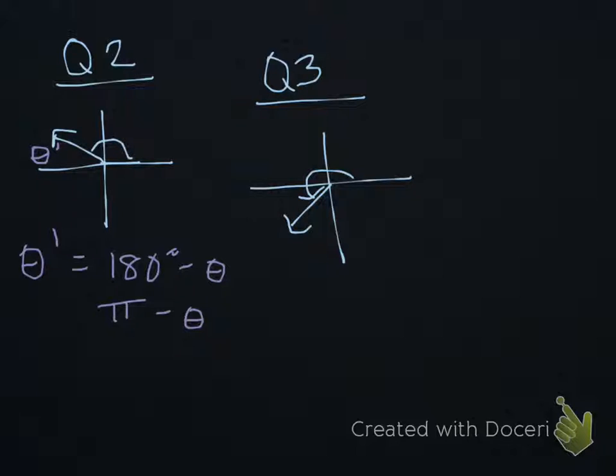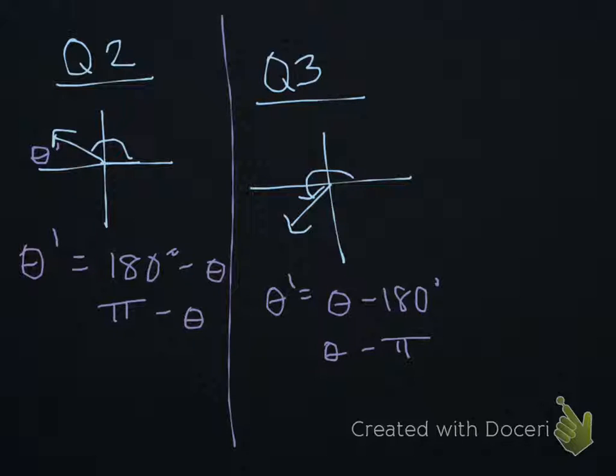To find our reference angle in quadrant 3, you do the angle minus 180 degrees, or the angle minus pi. And that will give us this little piece there, because remember the definition says it's the amount of degrees or radians between the terminal side and the x-axis.